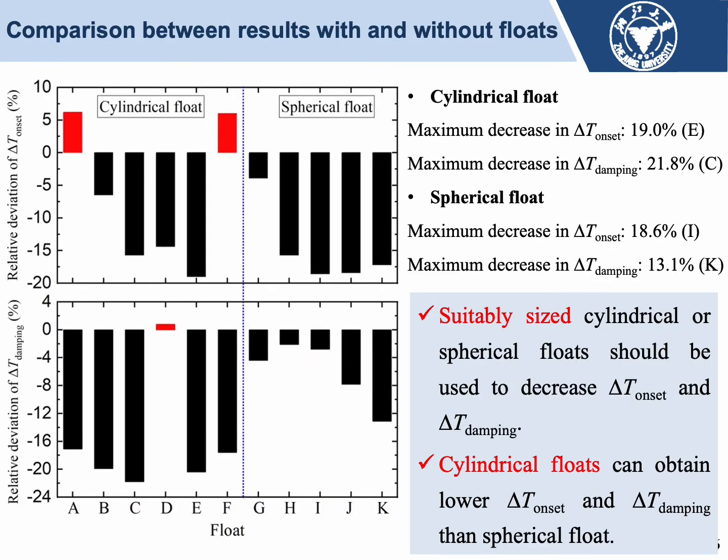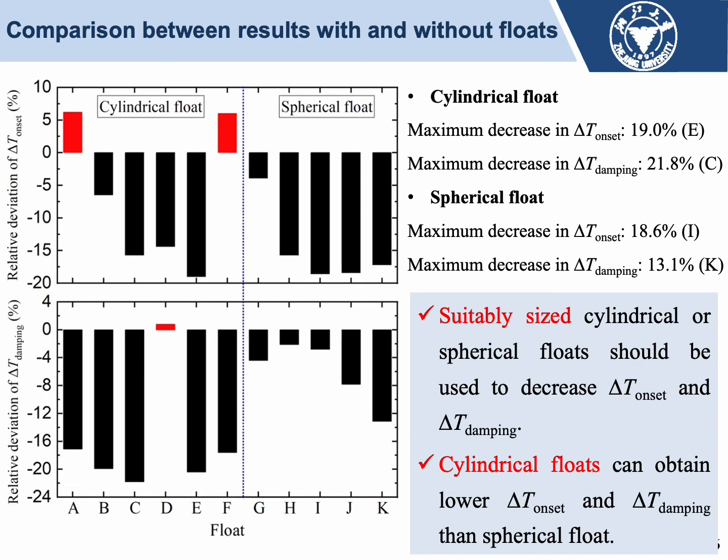Comparisons between results with and without floats are conducted. The figure displays the relative deviations of onset temperature difference and damping temperature difference obtained from the conditions with floats to those obtained from the condition without floats. It is found that the installation of a float is not always beneficial to decrease onset and damping temperature difference.